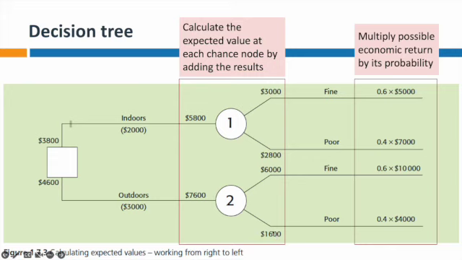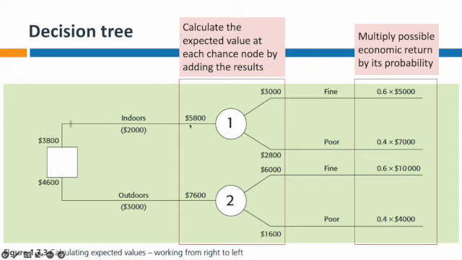6,000, 1,600. What you need to do is actually, once you get to the chance node, to add these two values together. So that's how you get 5,800. The expected value at each chance node is calculated by adding the results. So this is the expected value of the indoors decision.